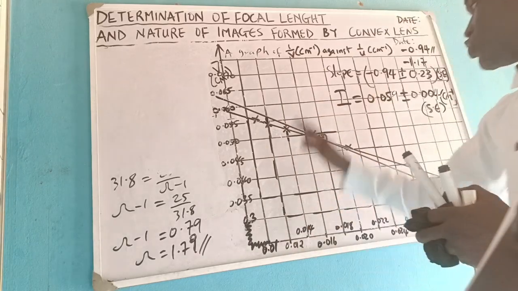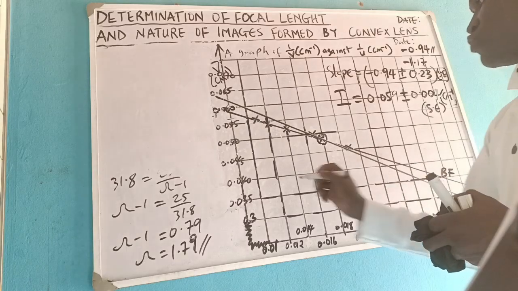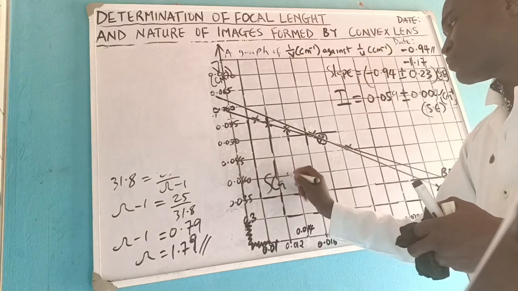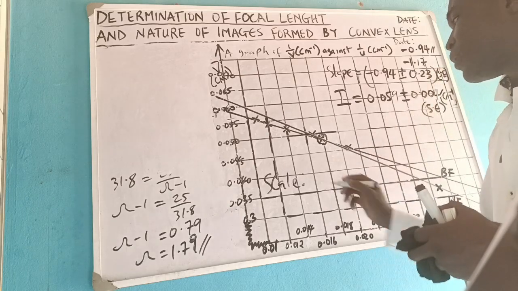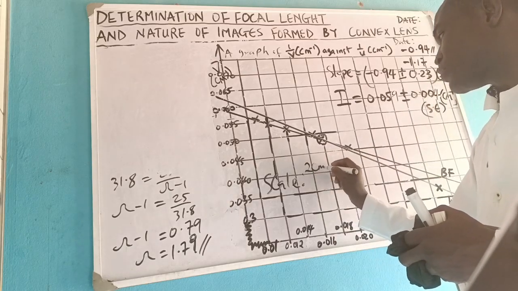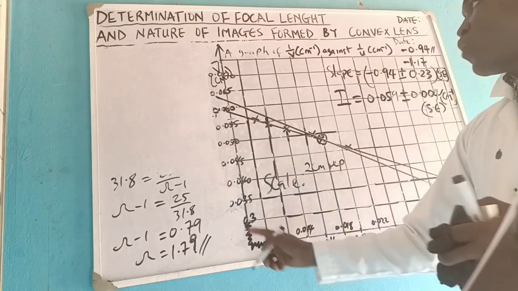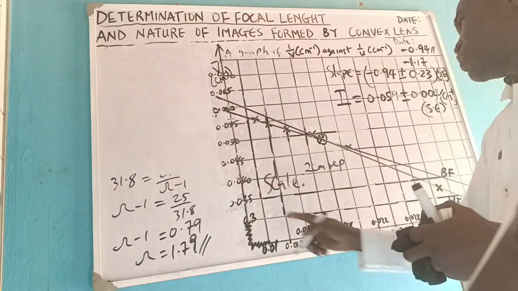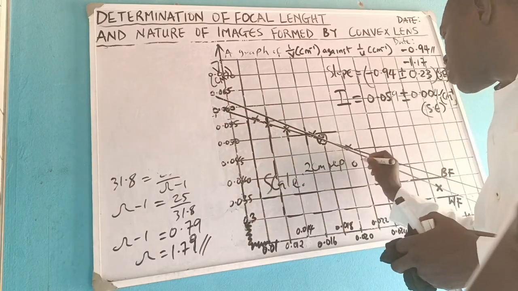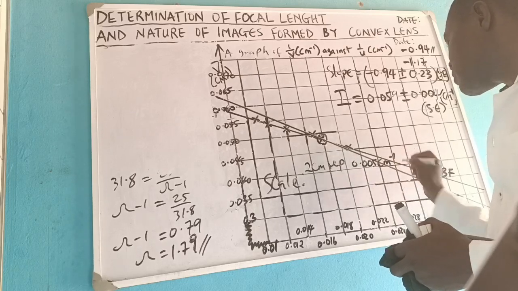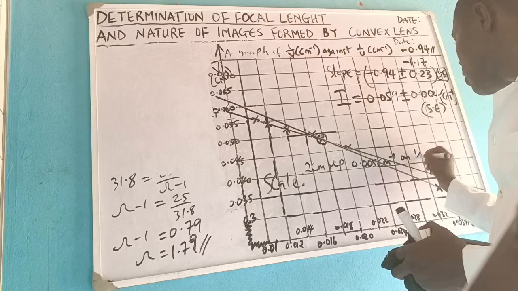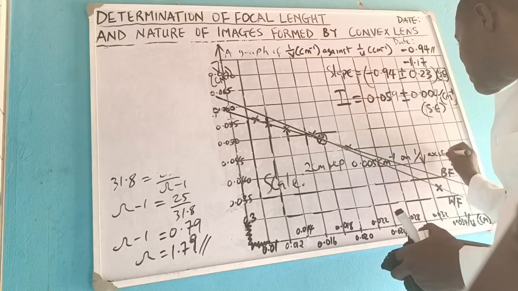Remember, as you finish plotting your graph, don't forget to write your scale. It is very, very important. 2 cm represents 0.005 per centimeter on the 1 over v axis.